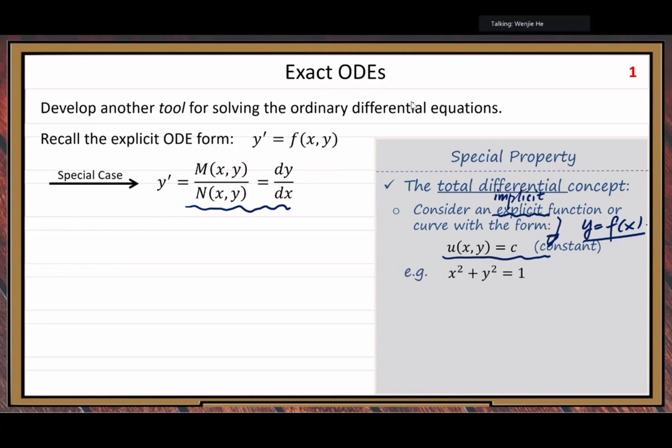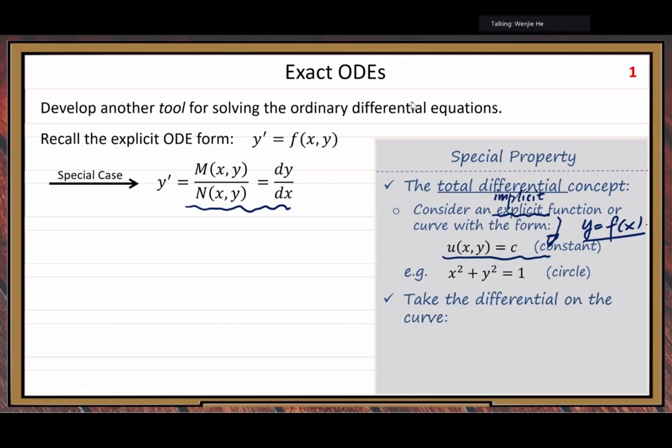One simple example of an implicit function: x squared plus y squared equals 1. This is the well-known equation for a circle, right? Then, in this simple example, can we take the differential of both sides?